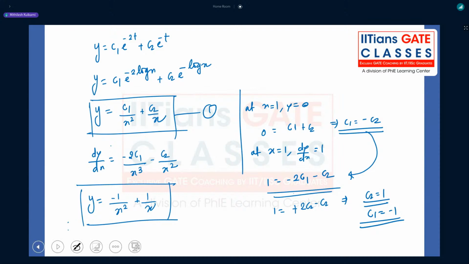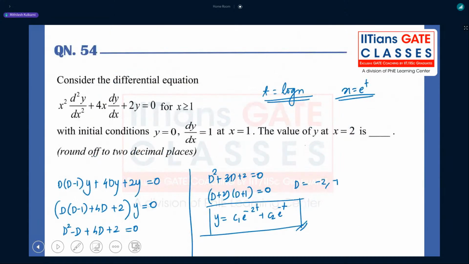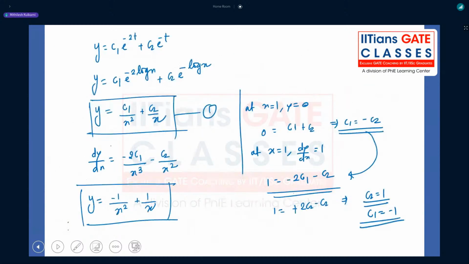What they are asking is the value of y at x is equal to 2. y when x is equal to 2 will be equal to minus 1 upon x square, 2 square is what? 4, plus 1 upon 2.